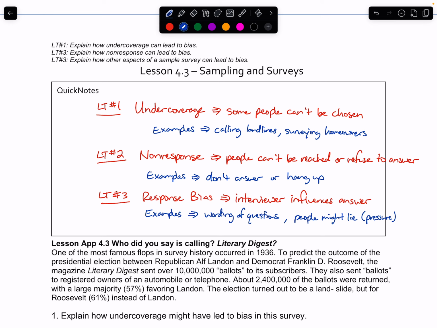Right? For example, just another version of something we did earlier, right? Like let's say the cheerleaders were trying to get opinions on how people feel about cheerleaders, right? If you go around dressed in your cheer uniform, people might be nicer about how they actually feel because they're gonna know you're a cheerleader versus if you're not, right?